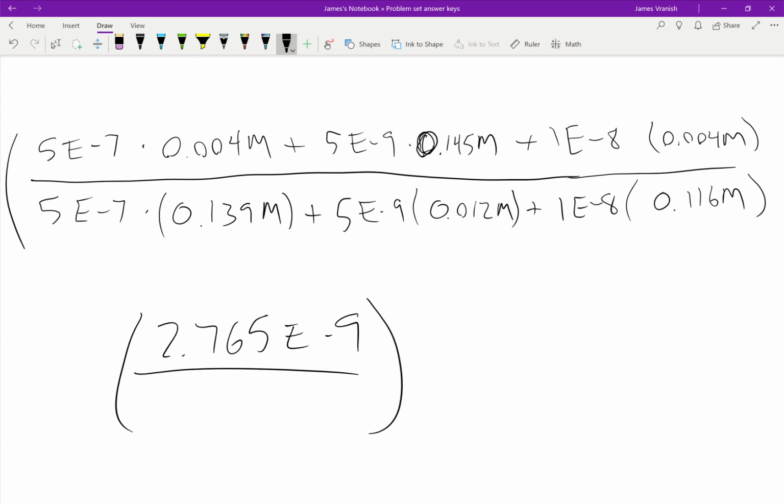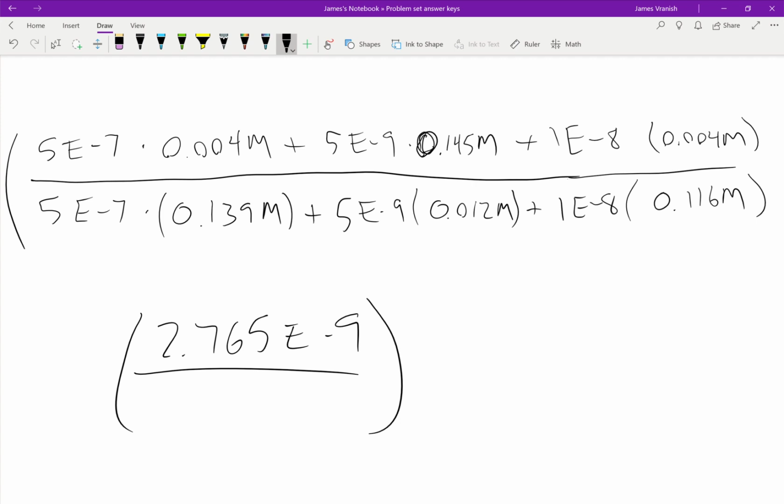All right, the bottom part, work on that. 5e negative 7 times 0.139 plus 5e negative 9 times 0.012 plus 1 times 10 to the negative 8th times 0.116.